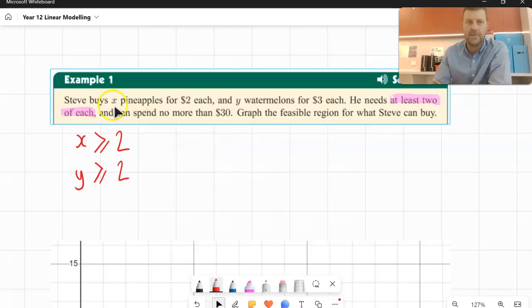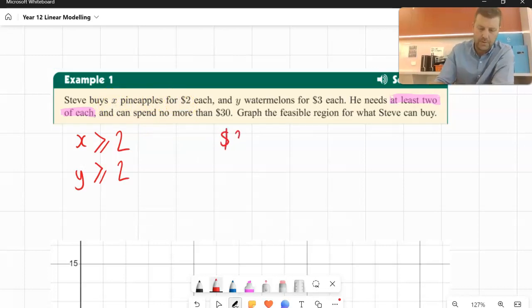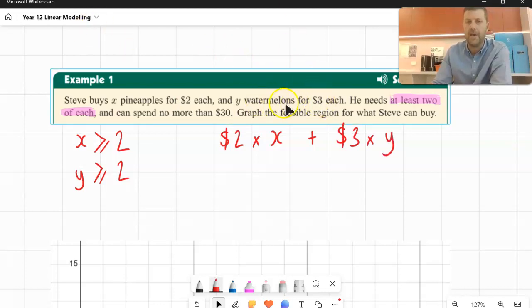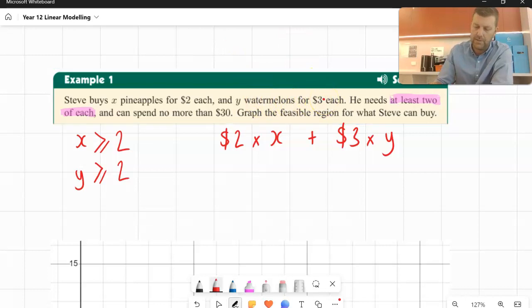Now X is the number of pineapples. They're $2 each. So $2 times X plus $3 times Y, $3 for each watermelon, is going to be equal to $30.